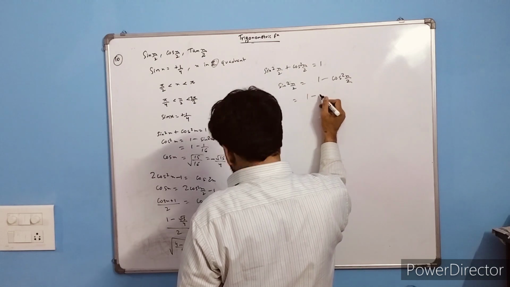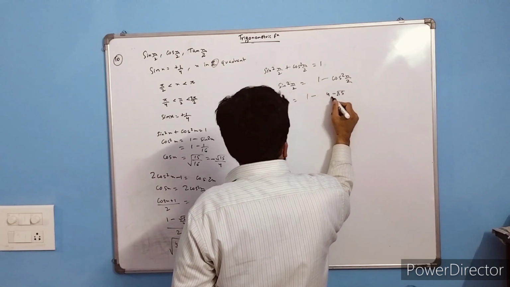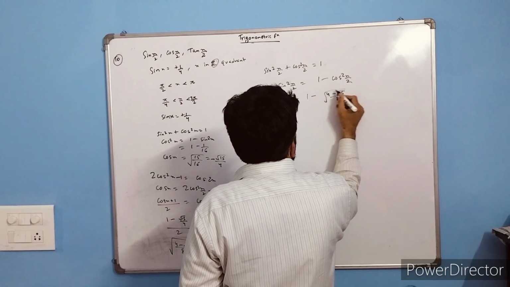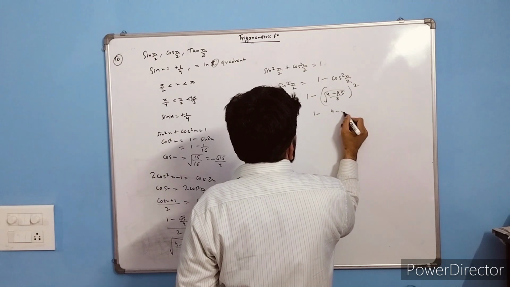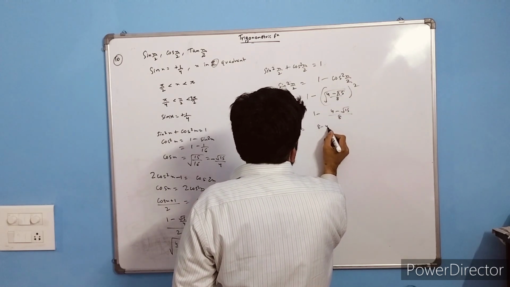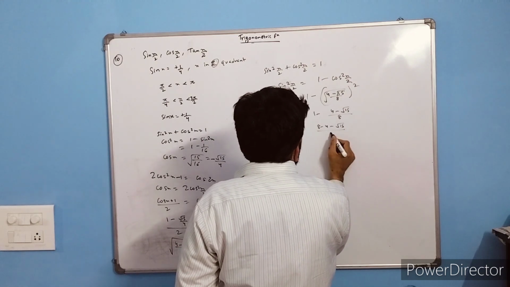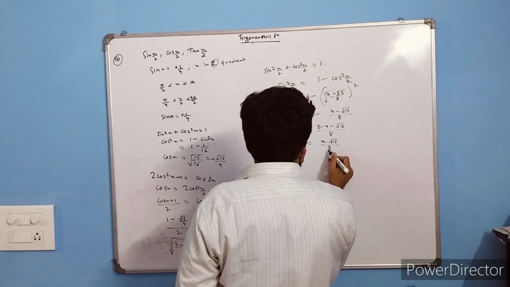Now we put in the value, 4 minus root 15 upon 8, so we will have 1 minus 4 minus root 15 upon 8. So 8 minus 4 minus root 15 upon 8. So I got 4 minus root 15 upon 8 here.